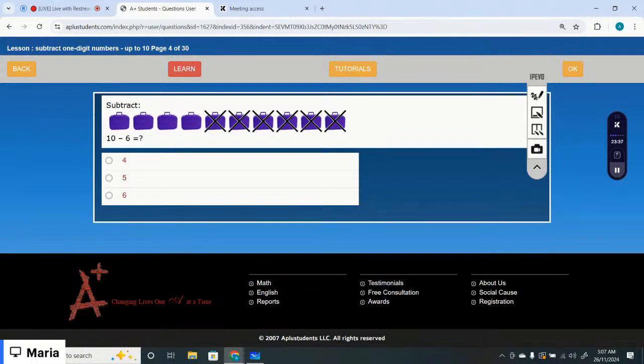10 take away 6. You are given 10 of the suitcases, 6 of them are crossed out. You need to count the ones that are not crossed.